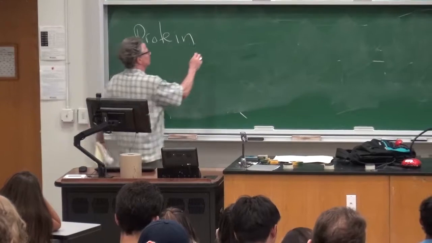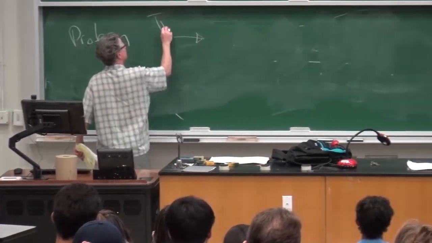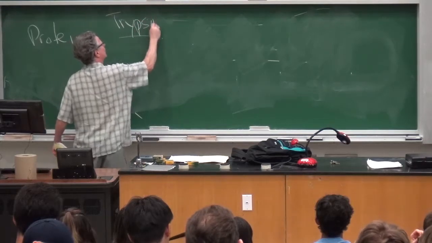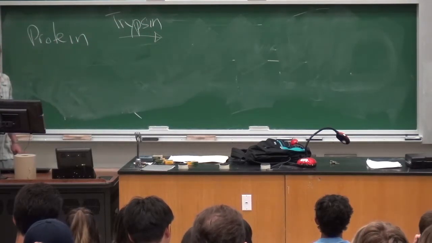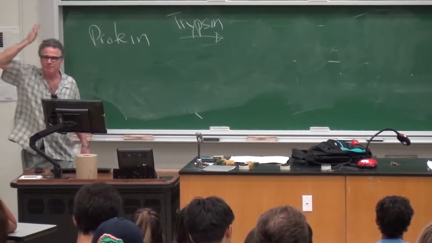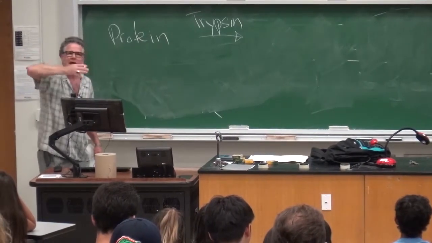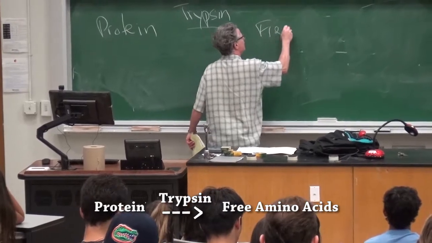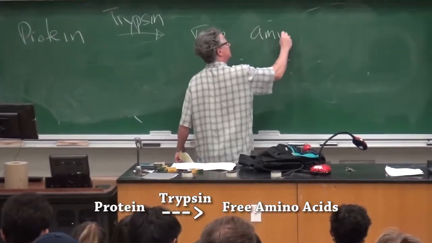There's an enzyme called trypsin, there's a couple of enzymes at the TRY, that clips that protein chain at the amide linkage and gives the free amino acids.